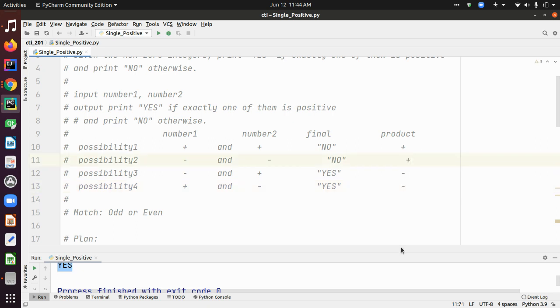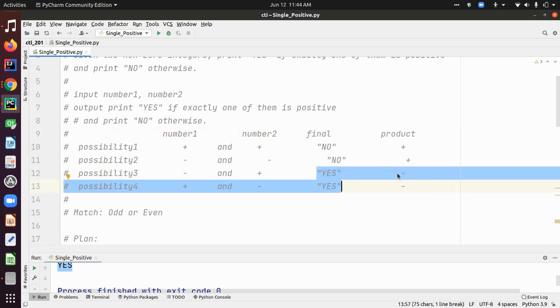Now we can see clearly that if we consider the product, we only need to check whether the product is positive or not. When they have opposite signs, it's yes in both cases, and the product is negative.